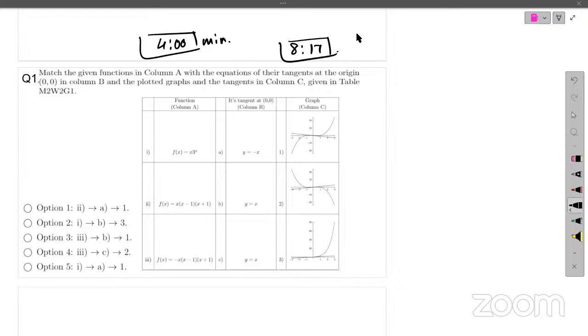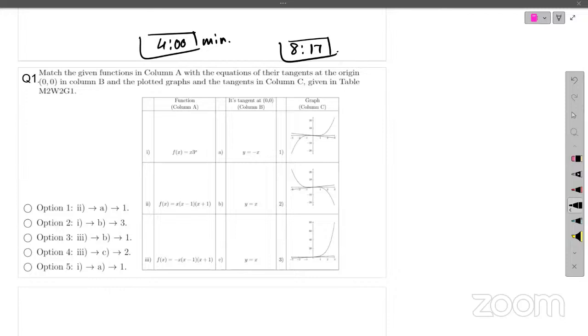Okay, so shall we solve this or do you want some more time? Then let's go ahead and try to solve this.